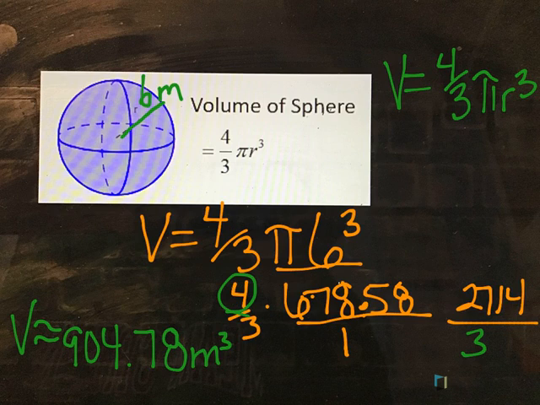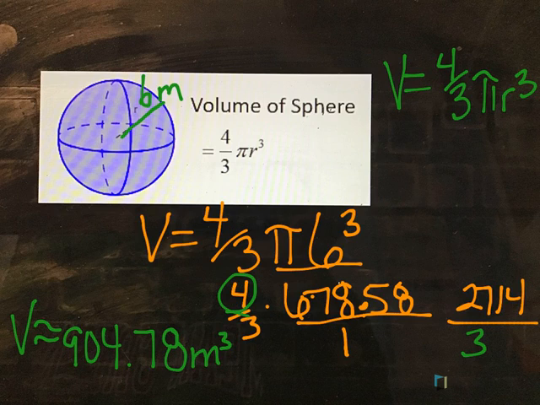So volume equals 4/3 pi r cubed. Plug in what I do know. 4/3 stays the same. Pi is pi. But my radius was 6. So on the calculator, and it doesn't matter, there's multiple ways. On the calculator, they do have a function where you can type in 4/3. I can enter it all together. But on this, I did pi times 6 cubed, which gave me about 678.58.